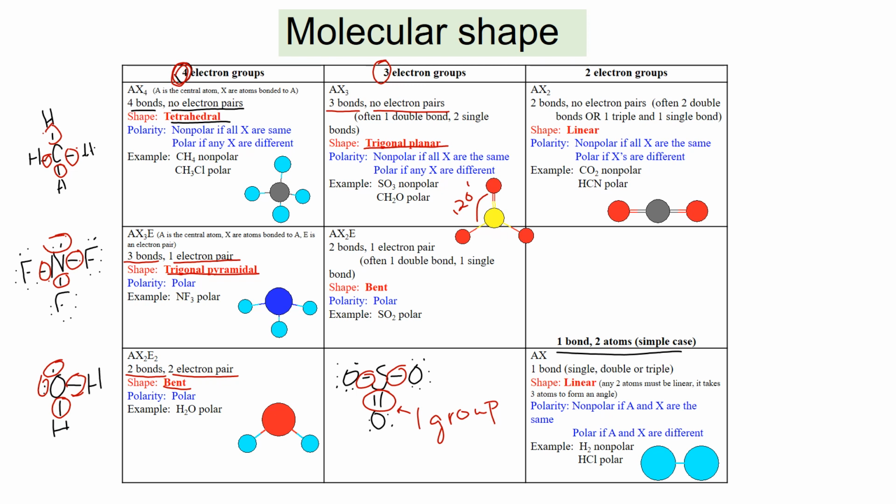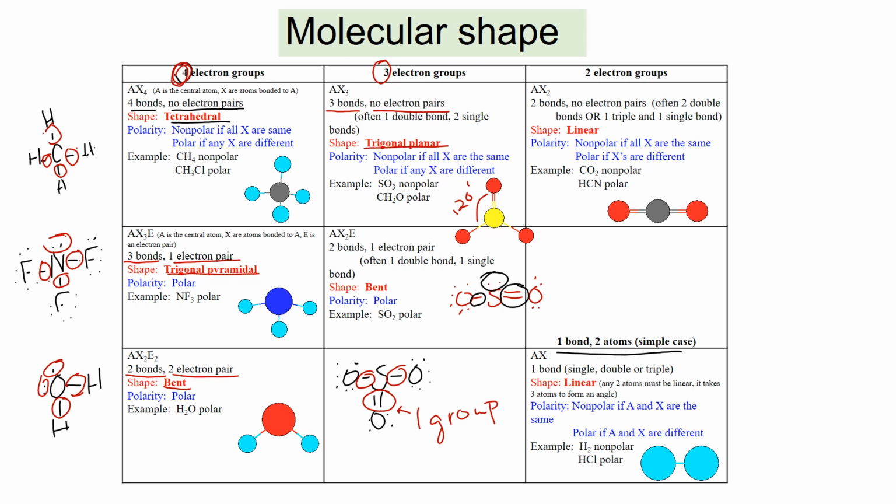Now, if we were to remove one of these atoms, for example with SO2, we've done this dot structure. SO2 looks like this. I did this in red, so let's circle our groups in black. We have one bond, one double bond, and one electron pair.